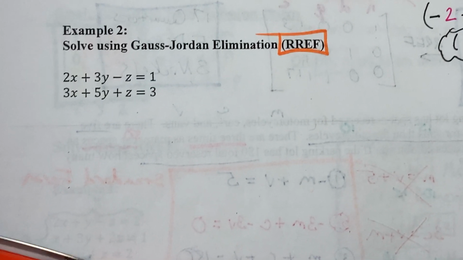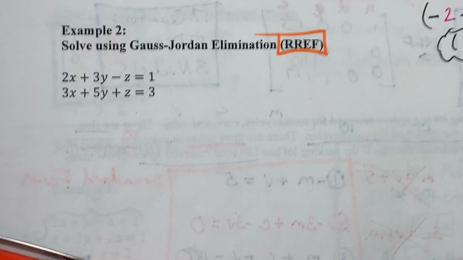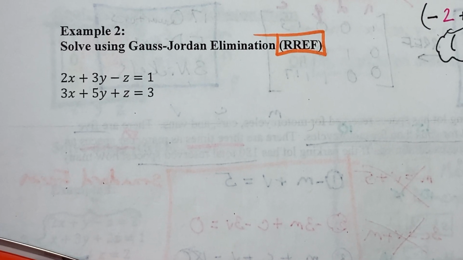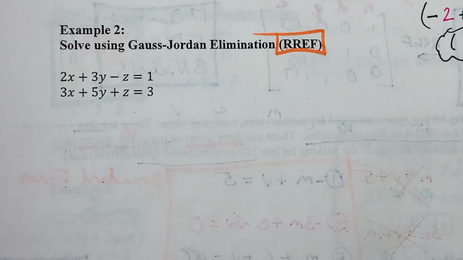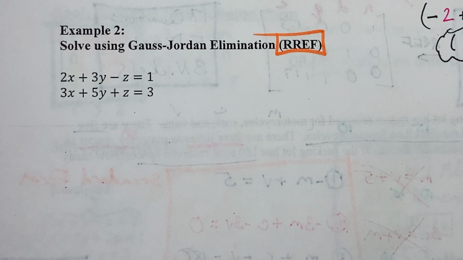Now, looking at example 2, we haven't done anything yet to this problem. We haven't put it in an augmented matrix, but how do we know that we're going to have infinitely many solutions or no solution just from looking at it? Less equations than variables.